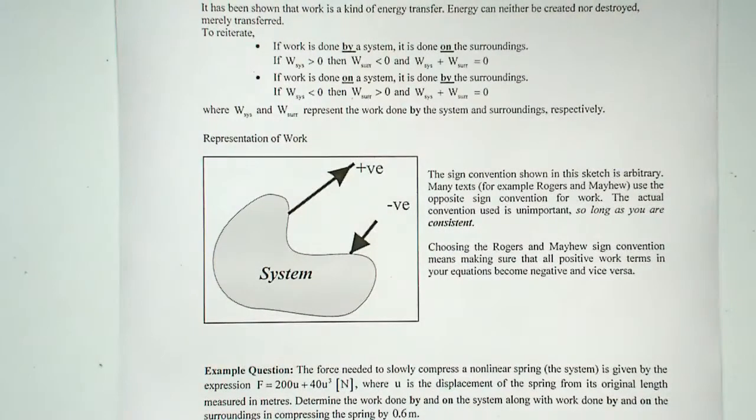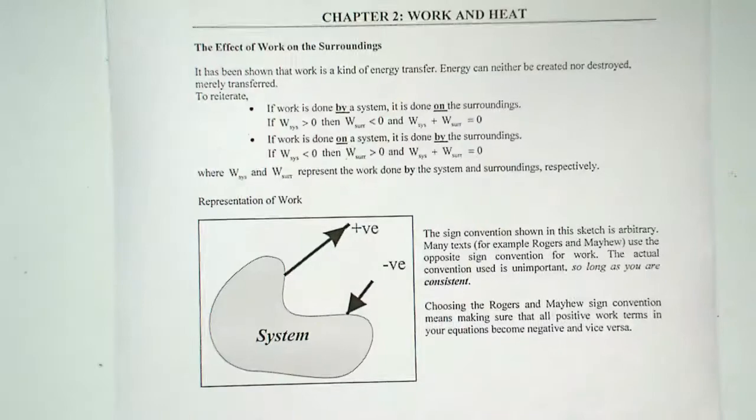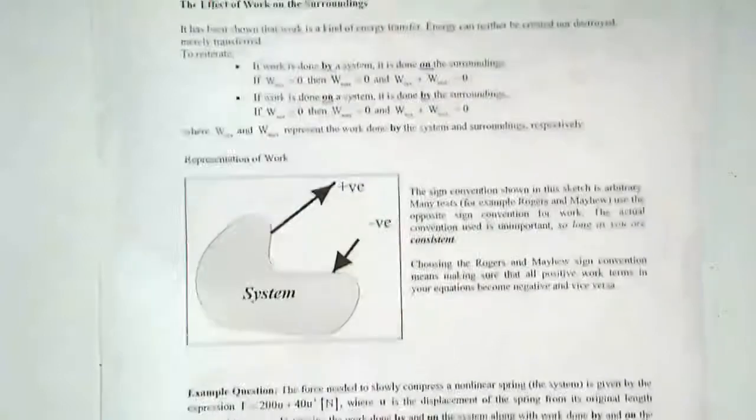Now, this is really the summary of what we've been saying about positive and negative work, and it's also about gaining and losing energy. So this is really just a summary of what we've said. There's nothing new in here.